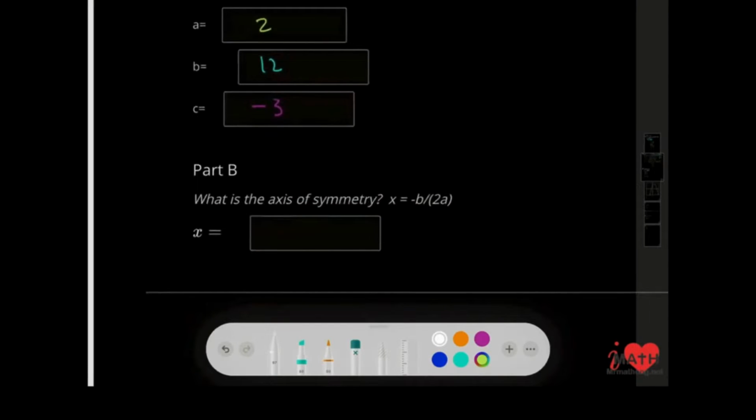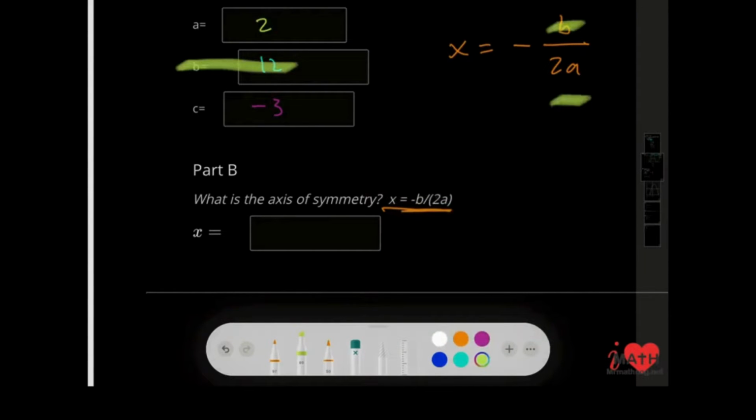Okay, part B, what is the axis of symmetry? So it gives us an equation. Let's just write this equation out. -b over 2a. So let's just use my highlighter here. Okay, so I need the b value right here. So b is 12. And then we're going to use the a value, which is 2. So let's write that out. x equals negative the b value, which was 12, over 2 times the a value, which was 2.